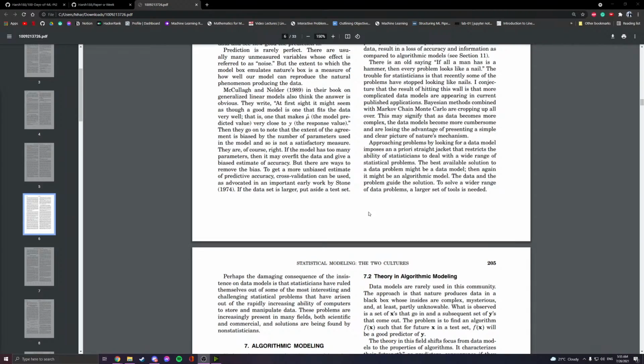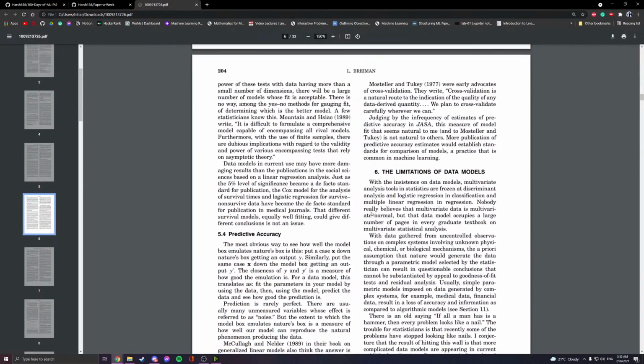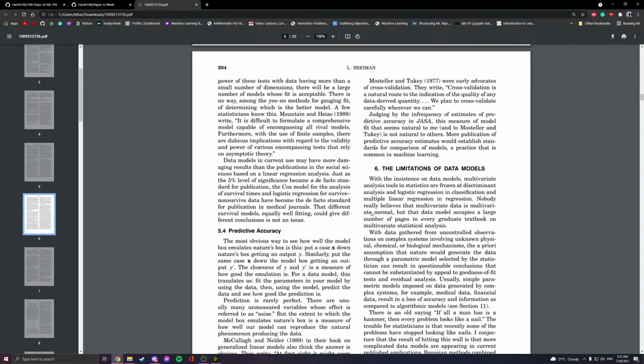Okay, so this section talks about the recent trend that has erupted in data models, where in the past few centuries the amount of data collected has become incredibly high.